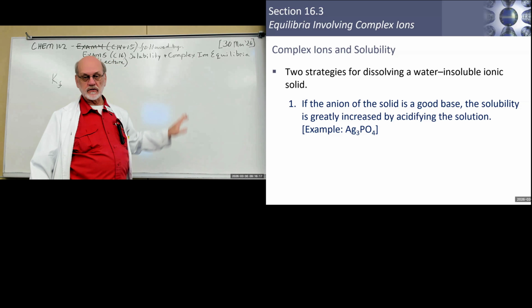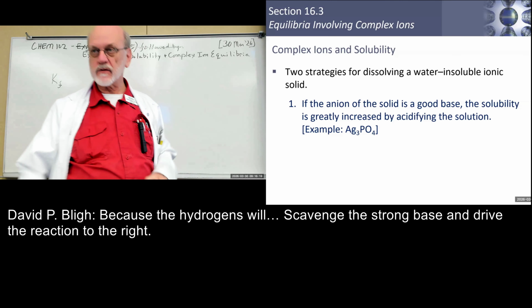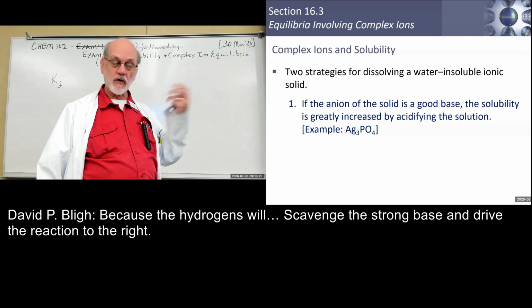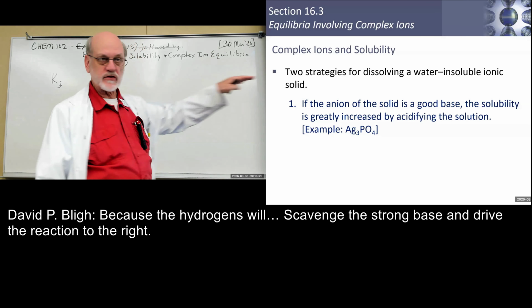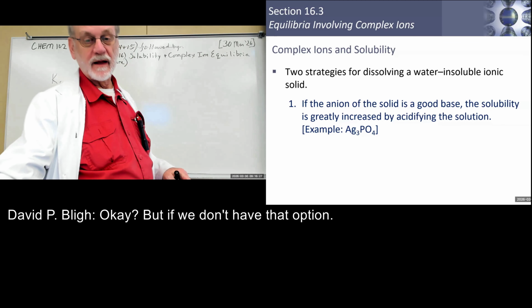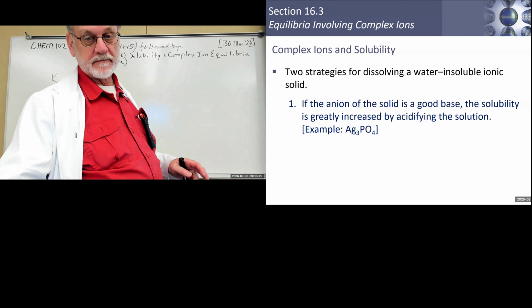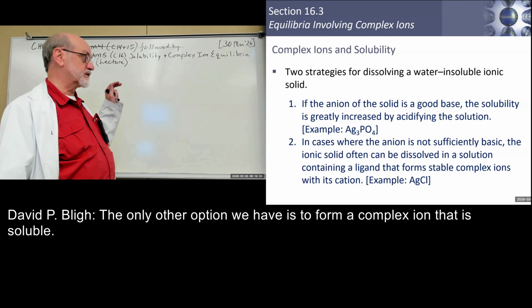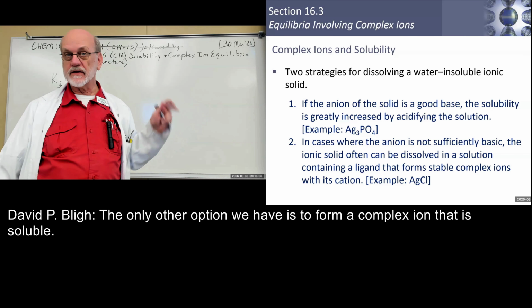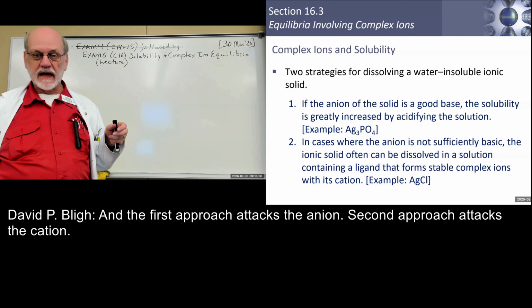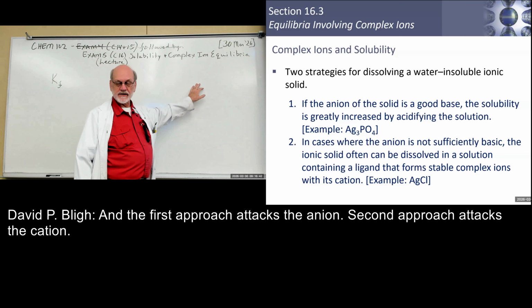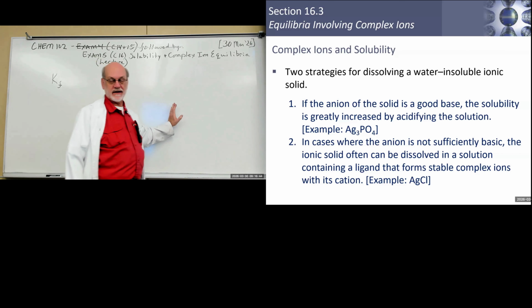And that will take it into solution because the hydrogens will scavenge the strong base and drive the reaction to the right. But if we don't have that option, the only other option we have is to form a complex ion that is soluble. The first approach attacks the anion. The second approach attacks the cation.